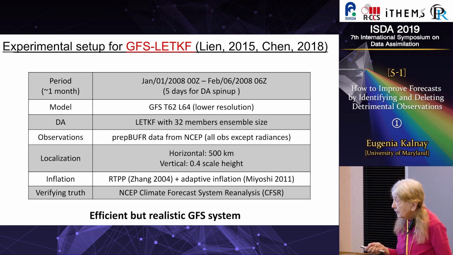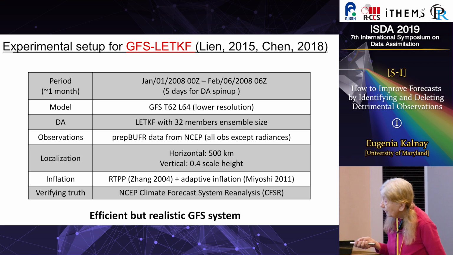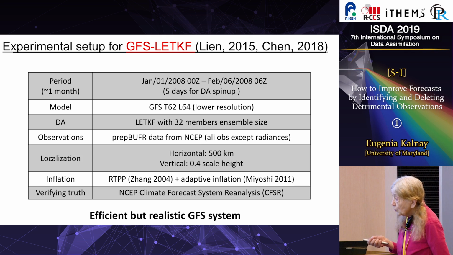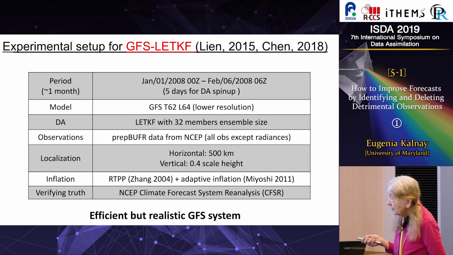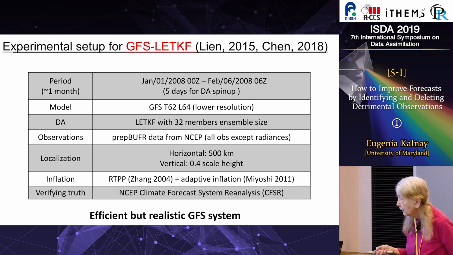And the inflation is the RTPP by Zhang et al. 2004, and adaptive inflation by Miyoshi 2011. And very importantly, we verified using a completely independent reanalysis as truth, the CFSR, Climate Forecast System Reanalysis.